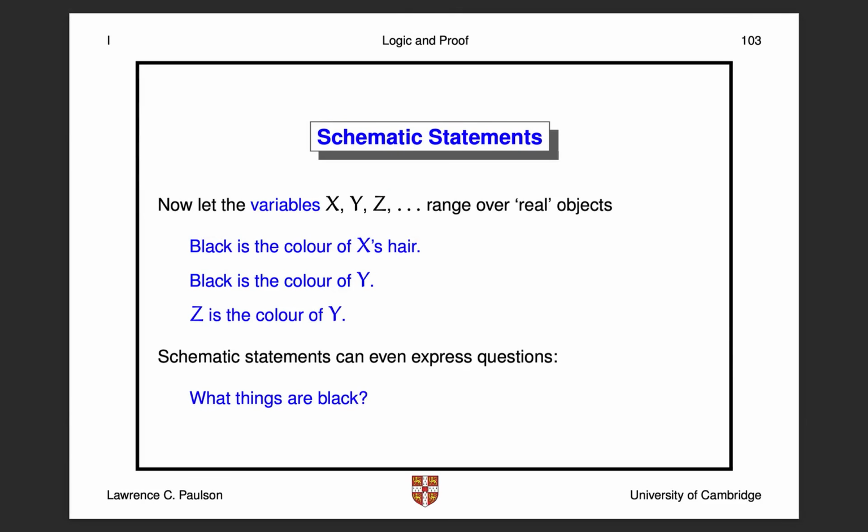Now, dealing with fully elaborated statements such as "black is the color of my true love's hair" is not very flexible, and we need variables in order to be able to make more general statements and more general inferences.